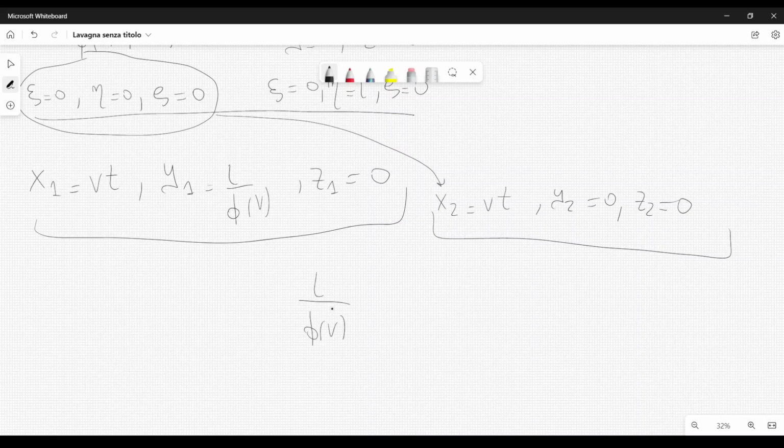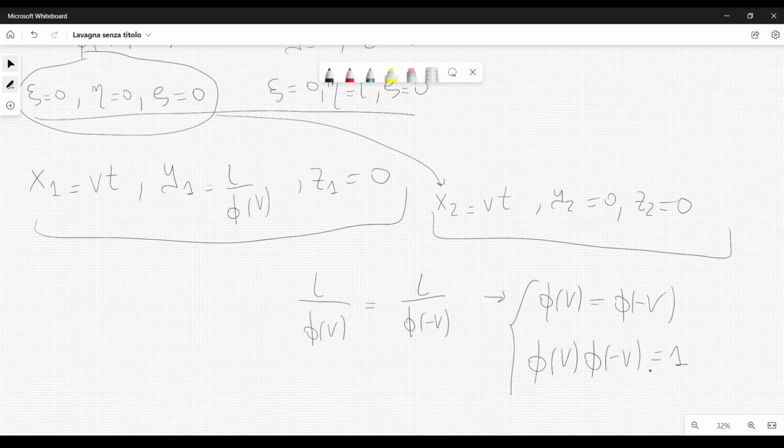From reasons of symmetry, the length of the rod does not depend on the direction of the velocity V. Therefore, this should also be equal to L over phi of minus V, which implies that phi of v should be equal to phi of minus v. And remember that we also had the condition phi of v times phi of minus v equal to 1.